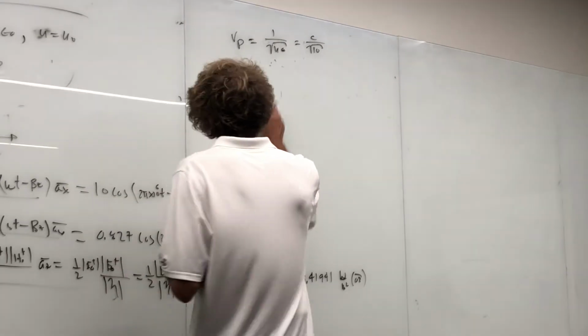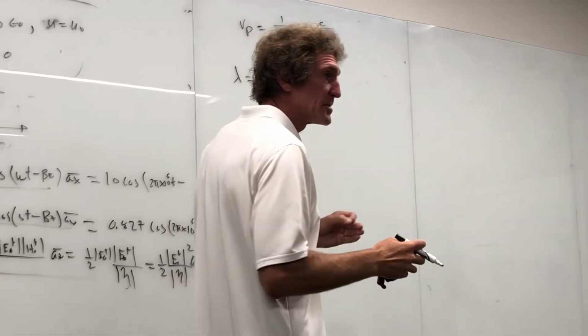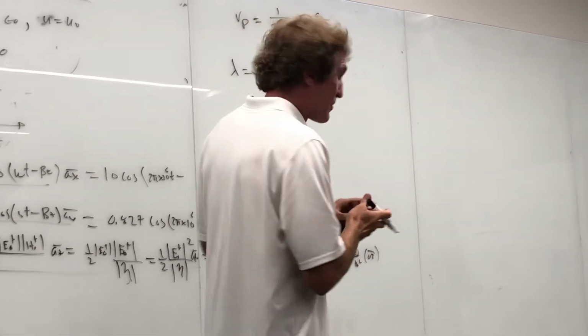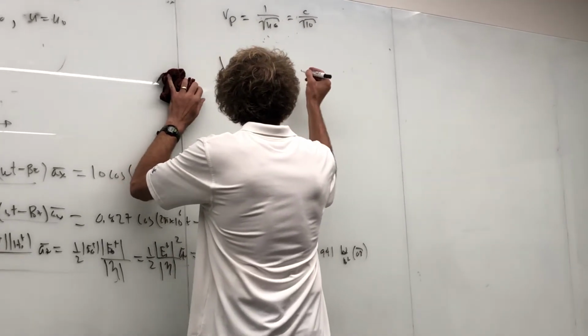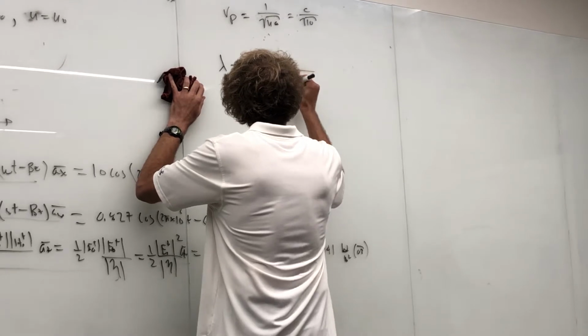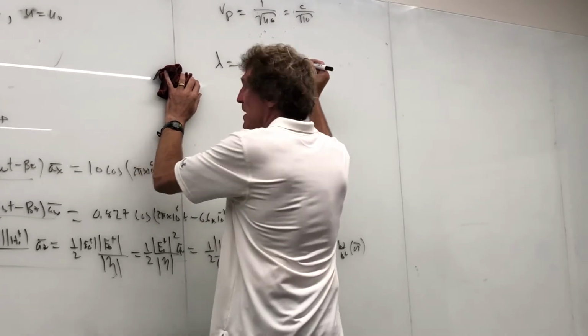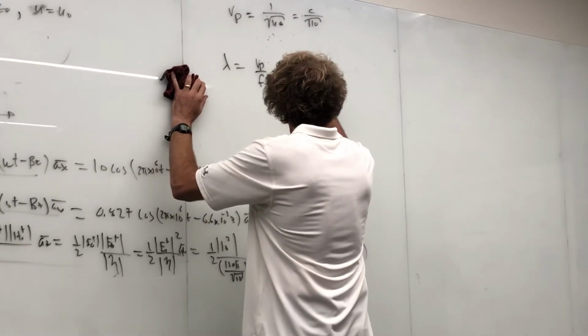You said it right, but you should have used the velocity, not C. It's going to be phase velocity divided by F. So that's C over the square root of 10, divided by F, and F was 10 to the 6th.